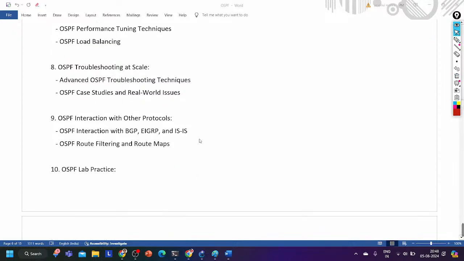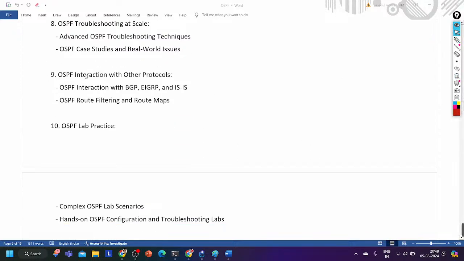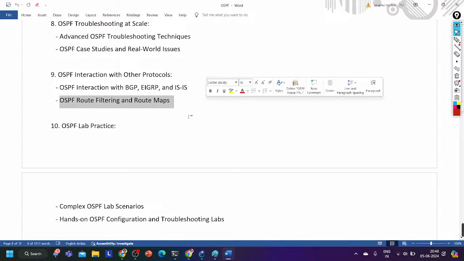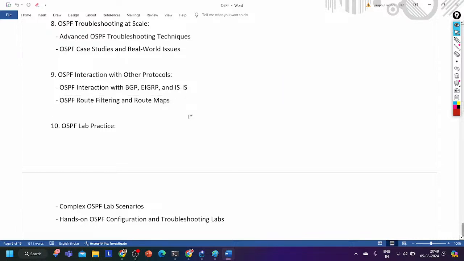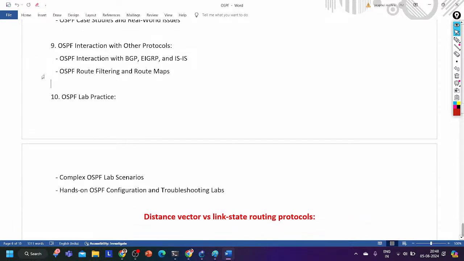Then if I talk about the syllabus of OSPF, now we don't have anything more. You can see OSPF interaction with other routing protocols like BGP, EIGRP, and ISIS. We will not cover ISIS, but this is also one protocol. Then OSPF route filtering. We'll see route filtering in the same way as EIGRP. How we filtered routes in EIGRP, in the same way we are going to filter routes in OSPF also.